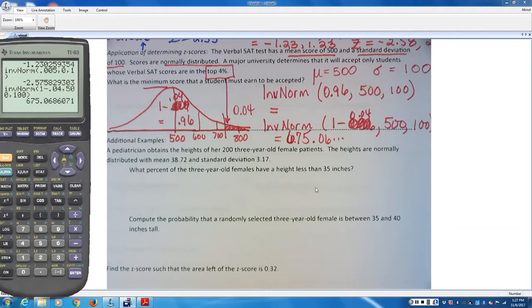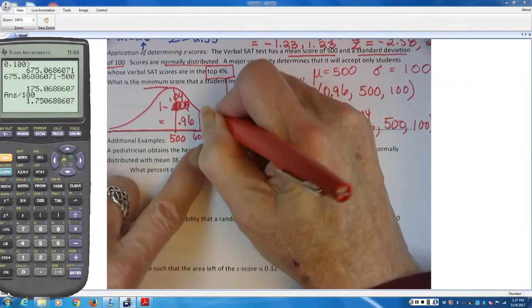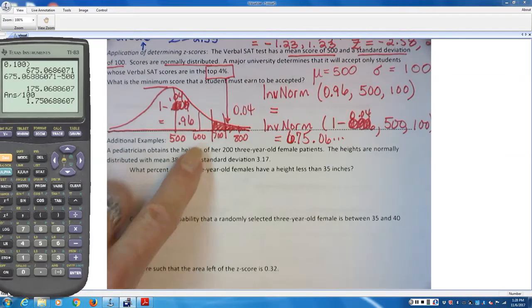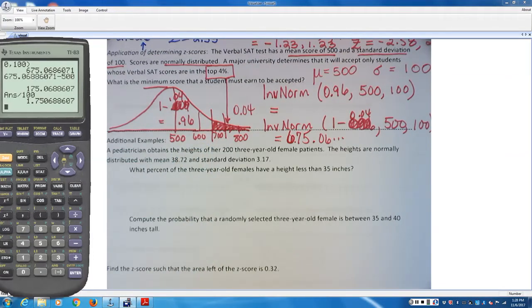The z-score for the 675 was actually 1.75. So I was wrong about where it was. It's more like that. It's good to draw and do the calculation though, because you will catch mistakes if you actually draw a picture and then do the calculations on the calculator.